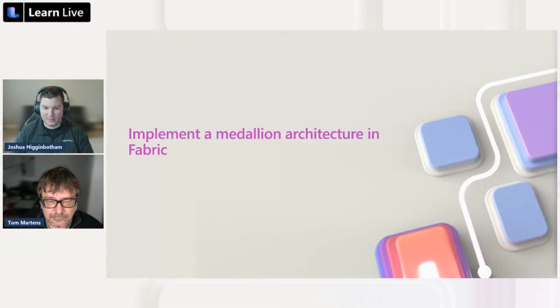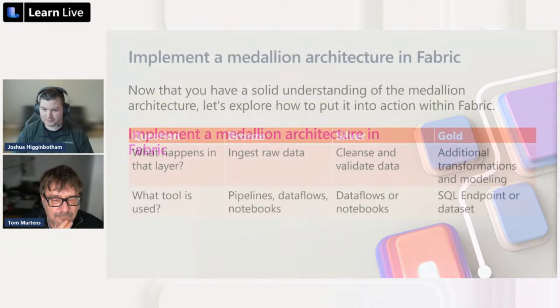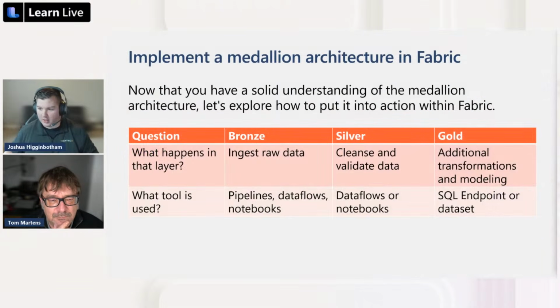All right. So now that we kind of covered some of the conceptual things around the medallion architecture, how do you implement the medallion architecture in Fabric? We're going to go through an exercise that's going to provide a bit more clarity to this.